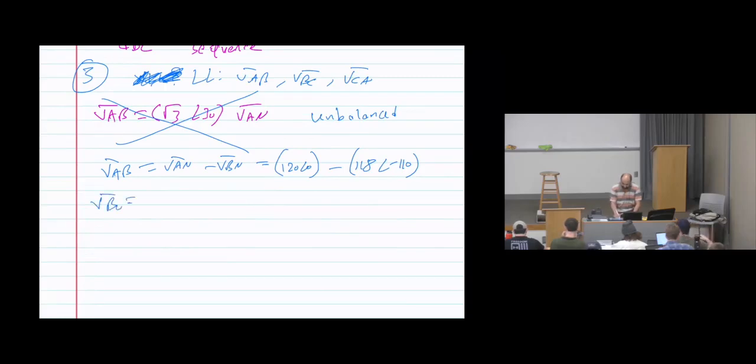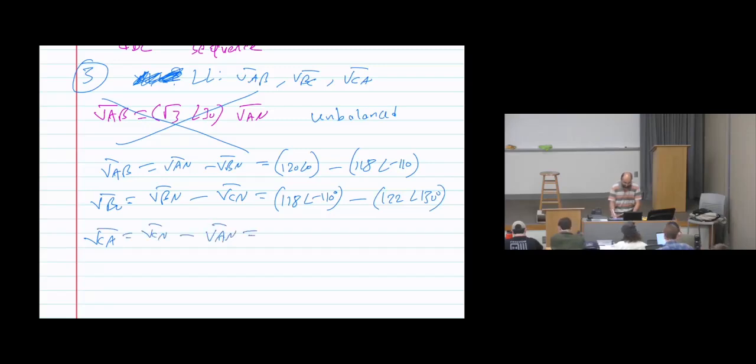VBC equals VBN minus VCN, which is 118 angle negative 110 degrees minus 122 angle 130 degrees. Then the last one, VCA equals VCN minus VAN, which is 122 angle 130 degrees minus 120 angle 0 degrees.